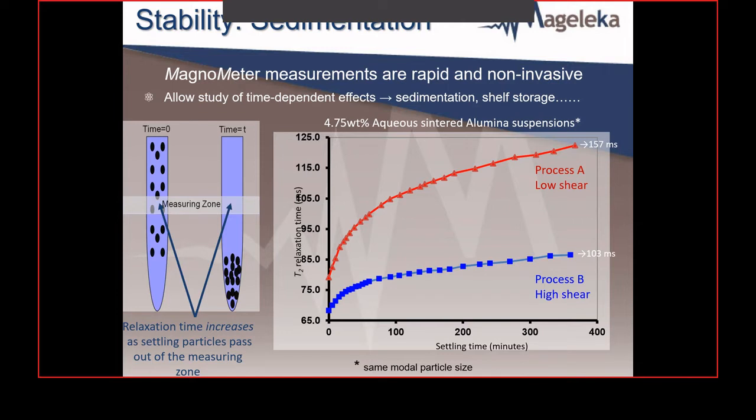So these changes would suggest that the particle size distribution is relatively narrower and more uniform in the high shear process than in the low shear process. So no matter what time scale is chosen over which to monitor sedimentation or settling, the measurement of relaxation can clearly differentiate these alumina samples. And I've also done some other measurements on other materials like titanias and even things like copper phthalocyanide dyes and other pigments. So this is stability.